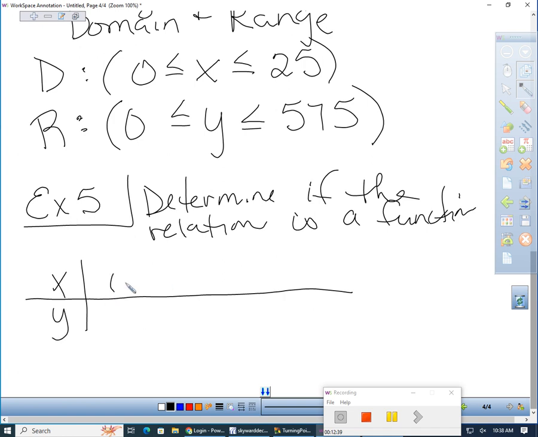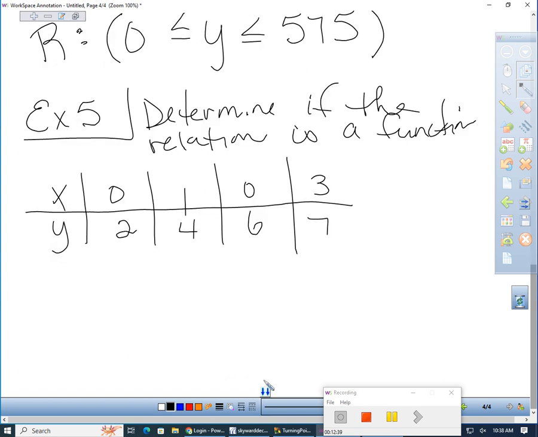So let's say I have 0, 2, 1, 4, 0, 6, 3, 7. All I need to know is this yes or no. It is no. Why is it no? Good. No, there are 2 zeros, right? Again, remember what I said in the beginning. As long as none of the x's repeat, it is a function. Okay? Correct. So this is no, or not a function.